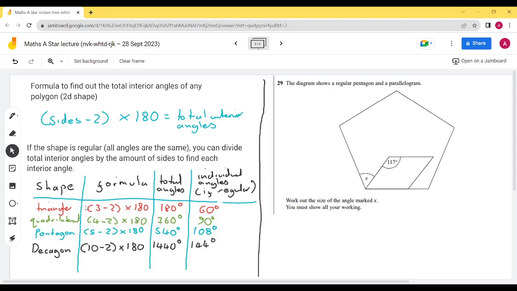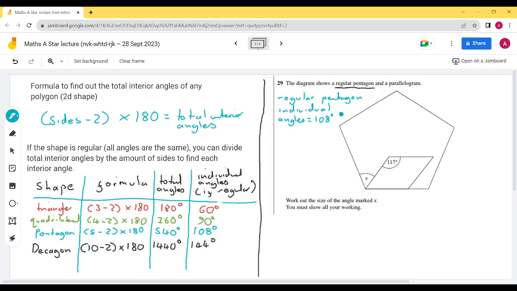Well, we've already done the pentagon. We're told the shape is regular. And if you look back to our table back here, because we've done it already, we can say regular pentagon, individual angles equals 108 degrees.